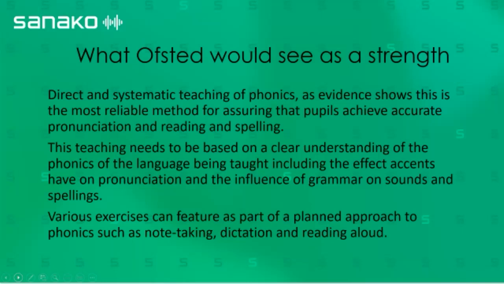This teaching needs to be based on a clear understanding of the phonics of the language being taught, including the effect accents have on pronunciation and the influence of grammar on sounds and spellings. Various exercises can feature as part of a planned approach to phonics, such as note-taking, dictation, and reading aloud.